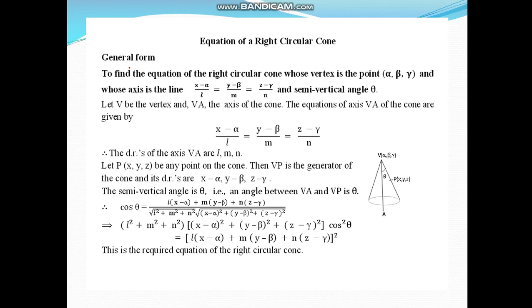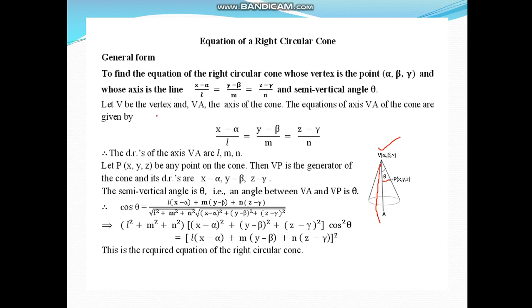First, general form. To find the equation of right circular cone whose vertex is the point alpha beta gamma, vertex coordinates given, whose axis is this line, the equation of the axis is given, and also we have given this semi-vertical angle theta.